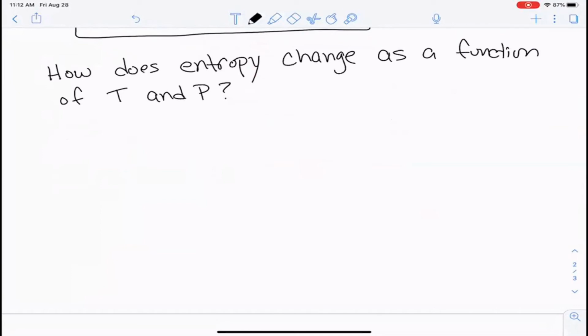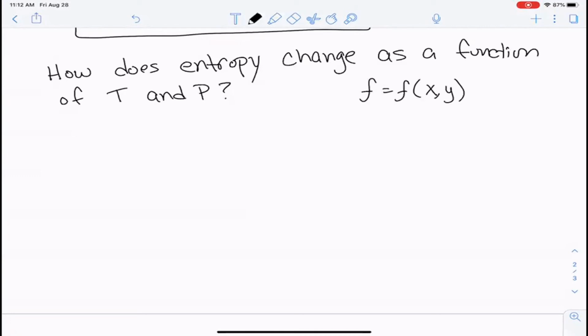But let's do the same thing that we did in the previous problem, right? Remember, we had some function f which changed with two variables, right? x and y.